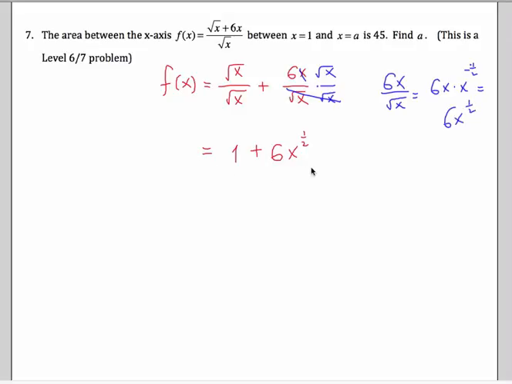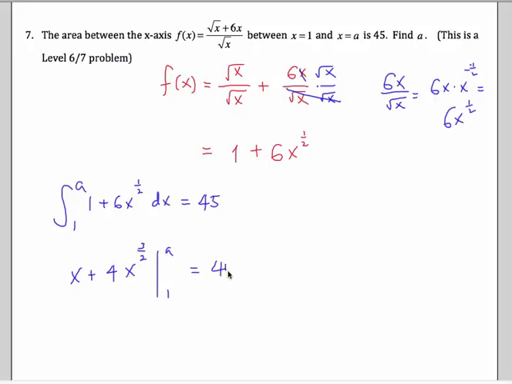Okay, so f of x is this. So if you say, okay, the integral from 1 to a of this thing is 45, so what is a? Then I can say, okay, x plus x to the 3 over 2, then multiply by 2 over 3, so it's going to be 4, from 1 to a is 45.